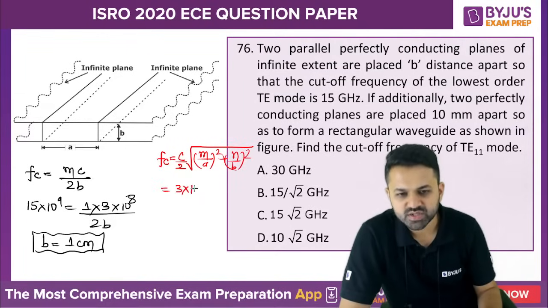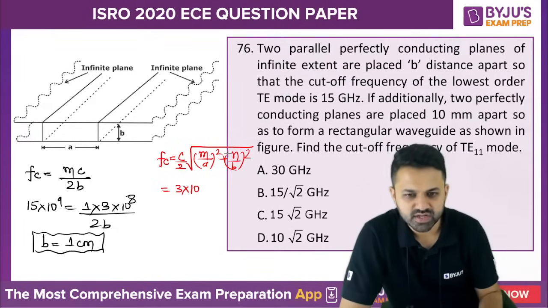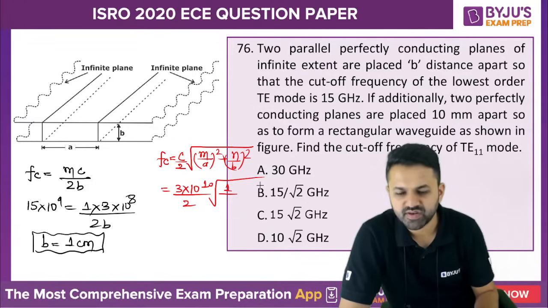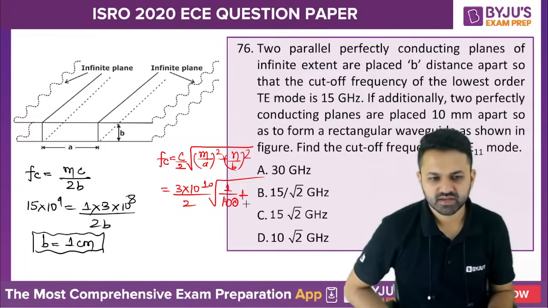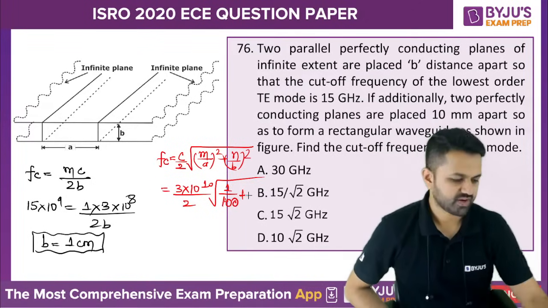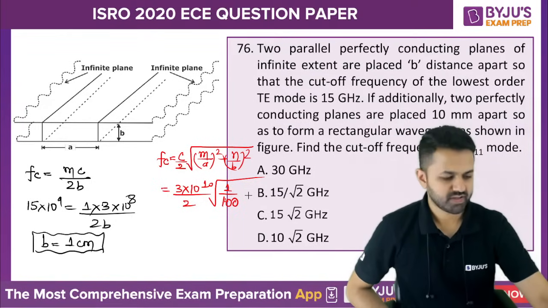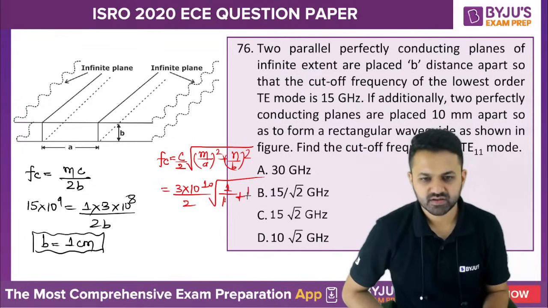This is 3 into 10 raised to power 8, or let's write 10 because we are writing in centimeters, so 10 raised to power 10 divided by 2 and root over 1 upon a, where a is 1 centimeter, plus 1 centimeter, this is also 1 centimeter, whole square.